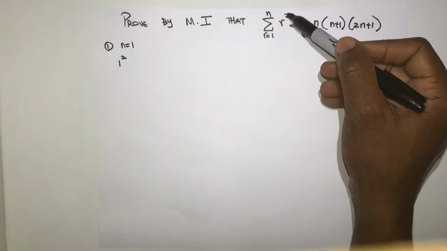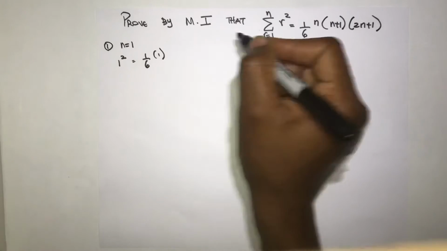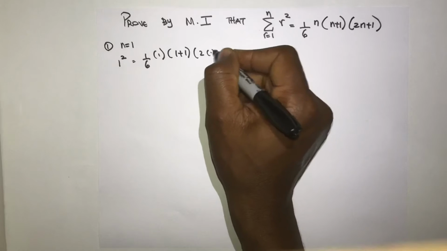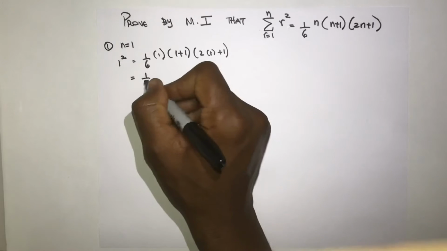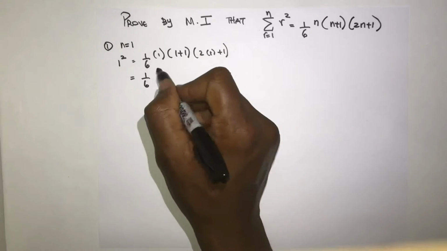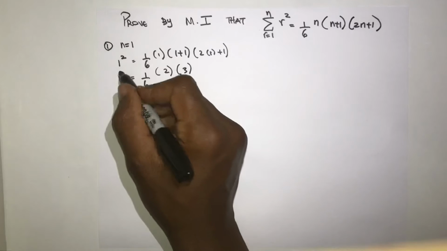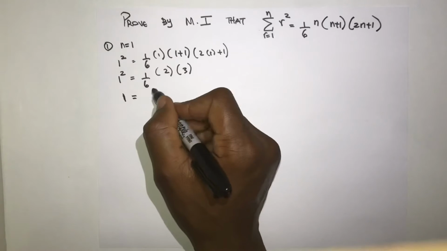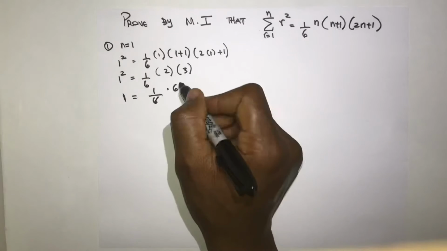So this would be 1 squared is equal to 1 over 6 times 1 times 1 plus 1 times 2 times 1 plus 1. And then this would be 1/6 of 2 of 3, and 1 squared is 1, is equal to 1/6 of 6.